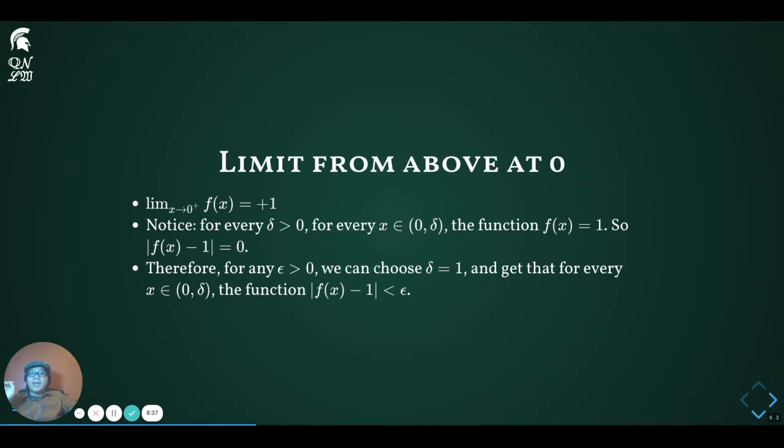If we looked at the interval that included 0, then the statement is no longer true. And so for every positive epsilon, we can choose our favorite delta, 1 again, and get that every x in the interval from 0 to delta satisfies the absolute value of f of x minus 1 is less than epsilon. And this shows what I claimed.